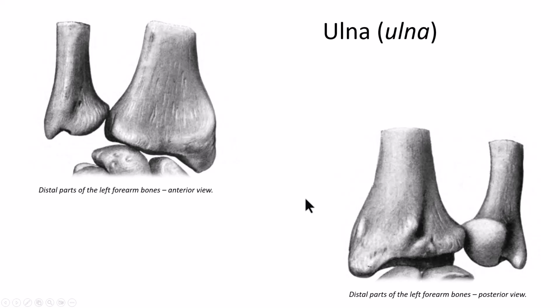Now we will focus on the distal end of the ulna. On the slide, the left side shows the anterior view and the right side shows the posterior view. Remember that these terms refer to the anatomical position in which the hand is facing forward. In general, it can be said that the ulna ends with the head of ulna, caput ulnae.